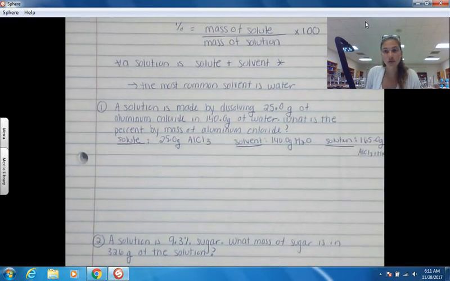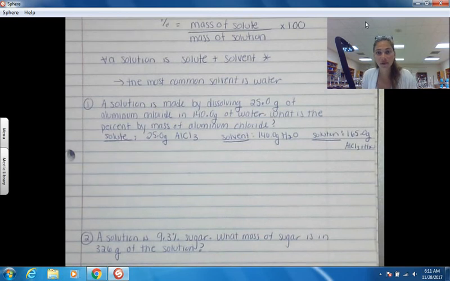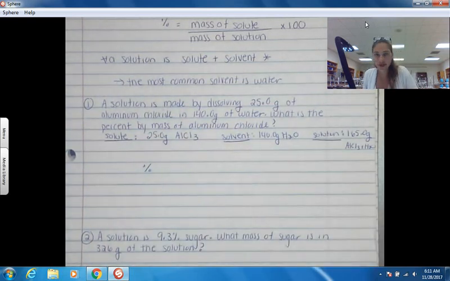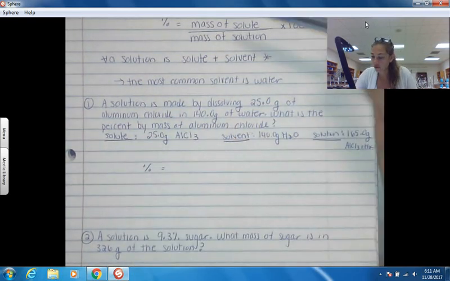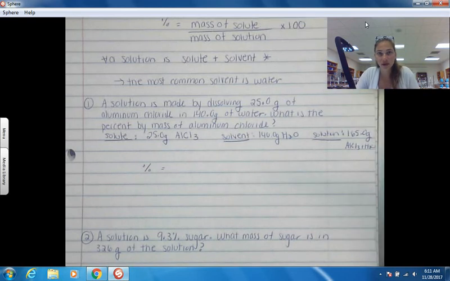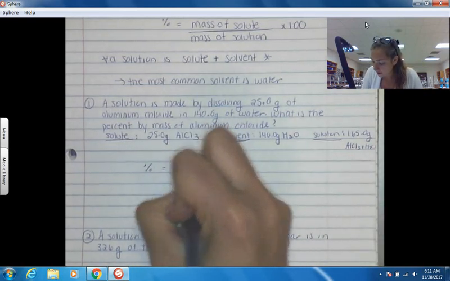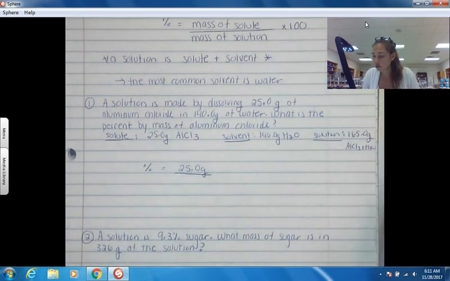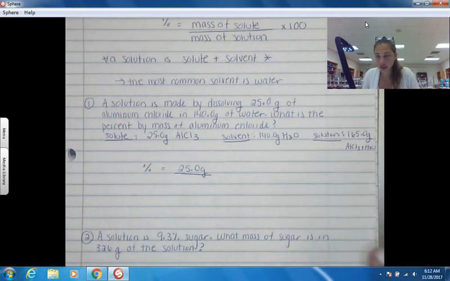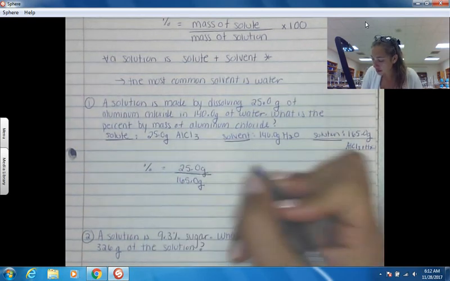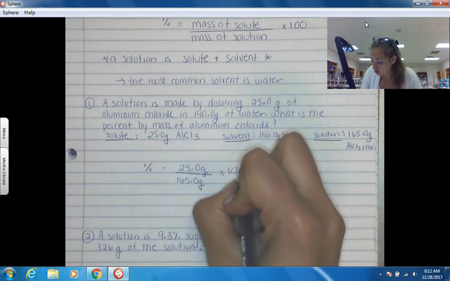Okay, so now we know each of our parts of this problem, and now we can plug it into our equation. We're looking for our percent, and the first part of the formula is the mass of the solute, which is 25.0 grams, and the mass of our solution is the very last number that we came up with, 165.0 grams, and then that's times 100.